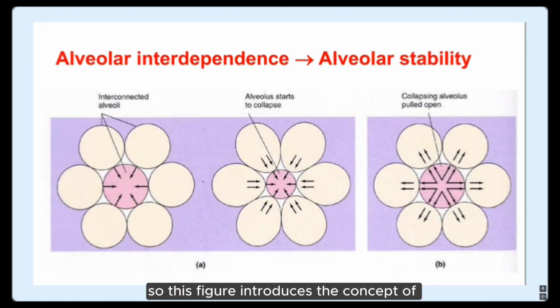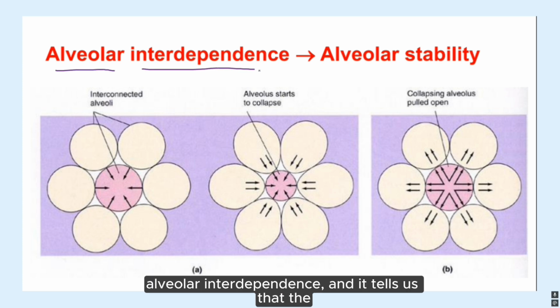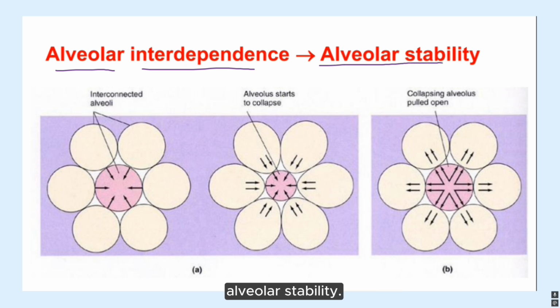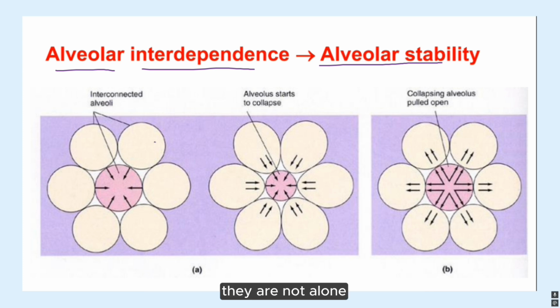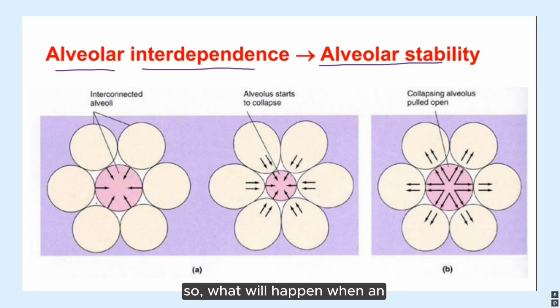So this figure introduces the concept of alveolar interdependence, and it tells us that alveolar interdependence helps in alveolar stability. You have to understand that alveoli are not alone. They are all connected together, as you can see here. So what will happen when an alveolus starts to collapse? Let's look at the central alveolus.